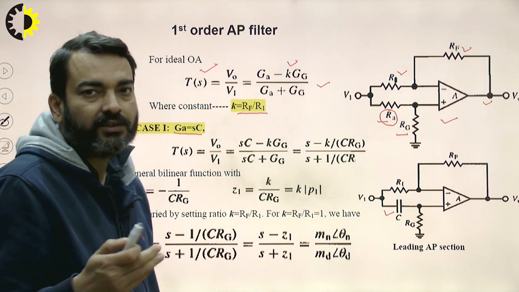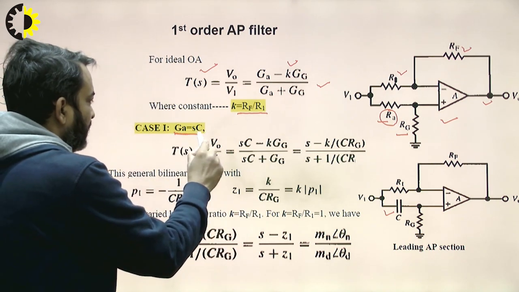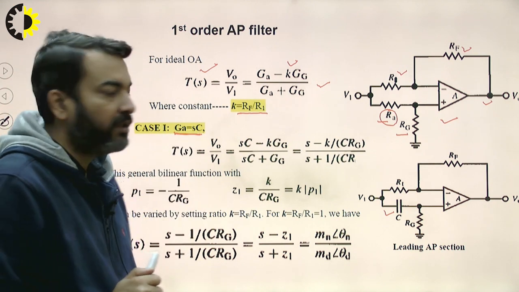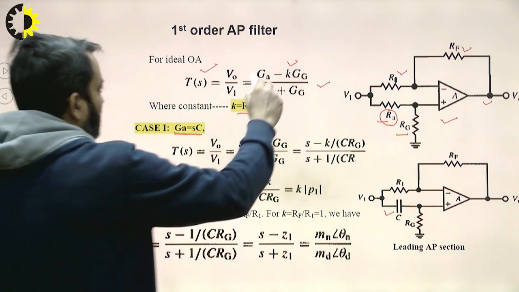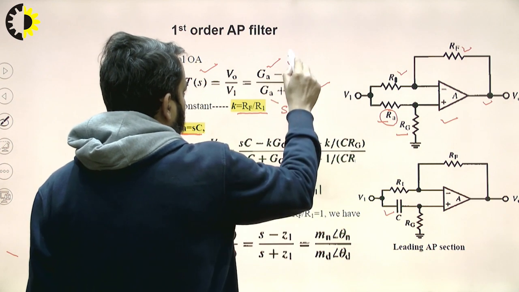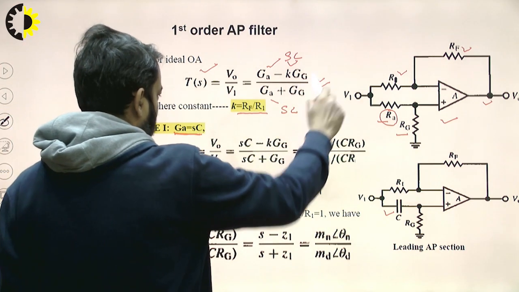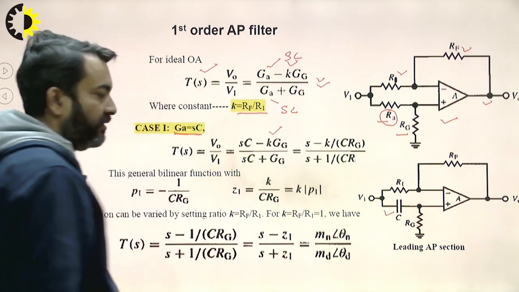G is 1 by R, admittance. So GA is equal to SC. In this case, we will replace GA by SC. So this transfer function will be modified as this.